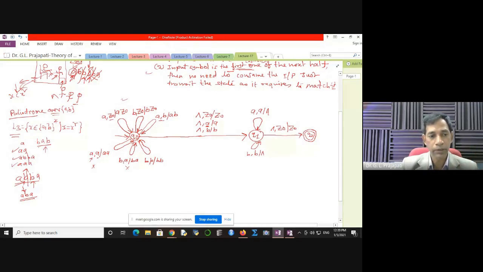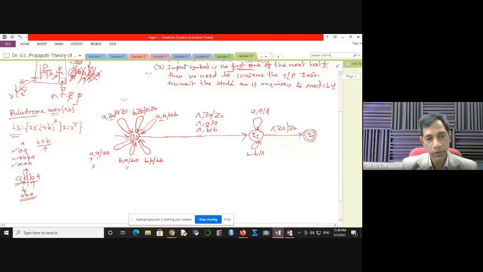The first is that the symbol you are reading is still in the first half, and you require to save it because later you need to match. Or the symbol you are going to read is the first symbol of the next half, as in an even length string, and hence you just transit the state for matching purposes.